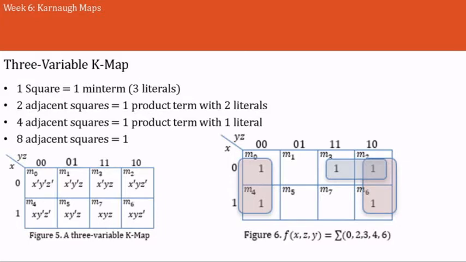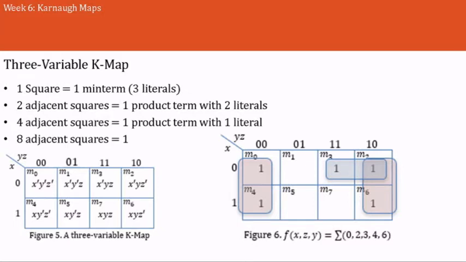And as for the result of grouping, let's say we have one square with no group. Our answer will consist of 3 literals. If we have grouped two adjacent squares, our answer will have 2 literals.